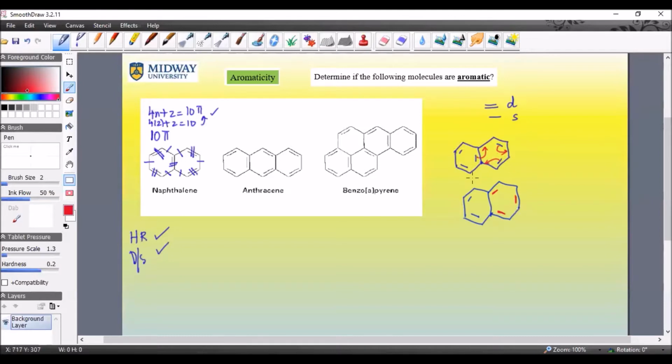If you do it, this right here, folks, is a resonance structure of this one, where the three pi bonds were in this ring, now they're over here. Now that's all you can do. You don't have another ring to go further in the chain. So we are able to reproduce a newer structure from one structure, so resonance is also obeyed. That means all three rules are met, so this is aromatic.